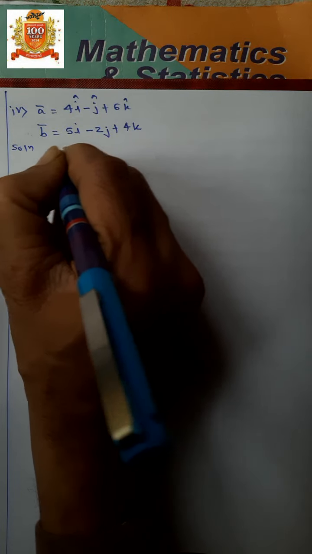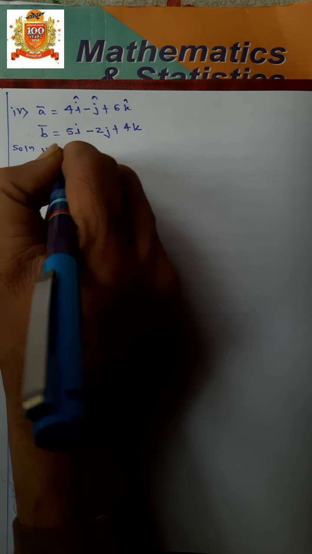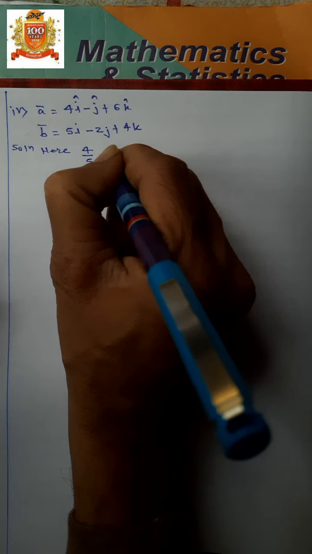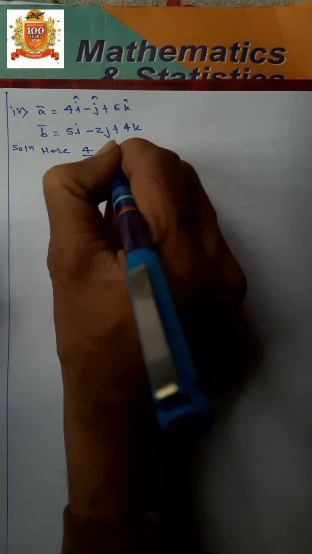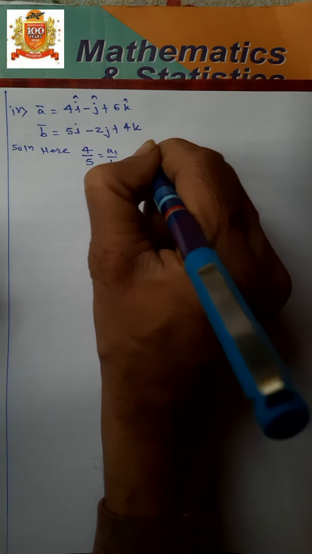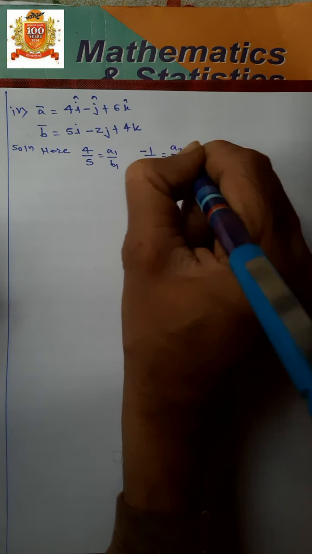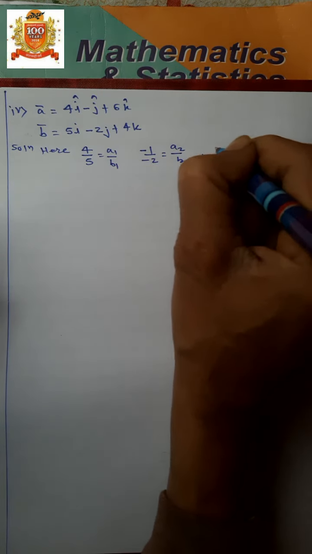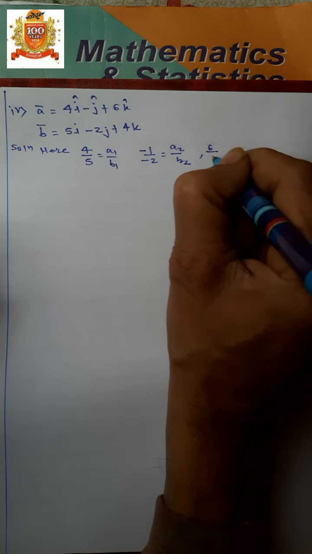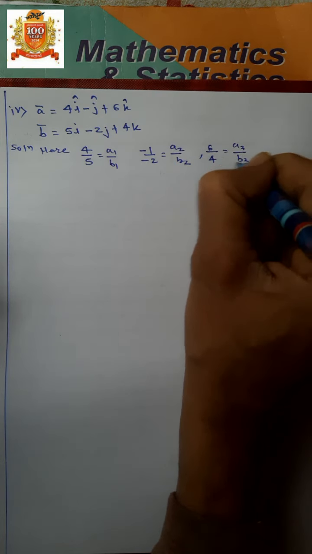Solution. First, we will observe ratios. Here, 4/5 is equal to a1/b1. -1/-2 is equal to a2/b2. And 6/4 is equal to a3/b3.